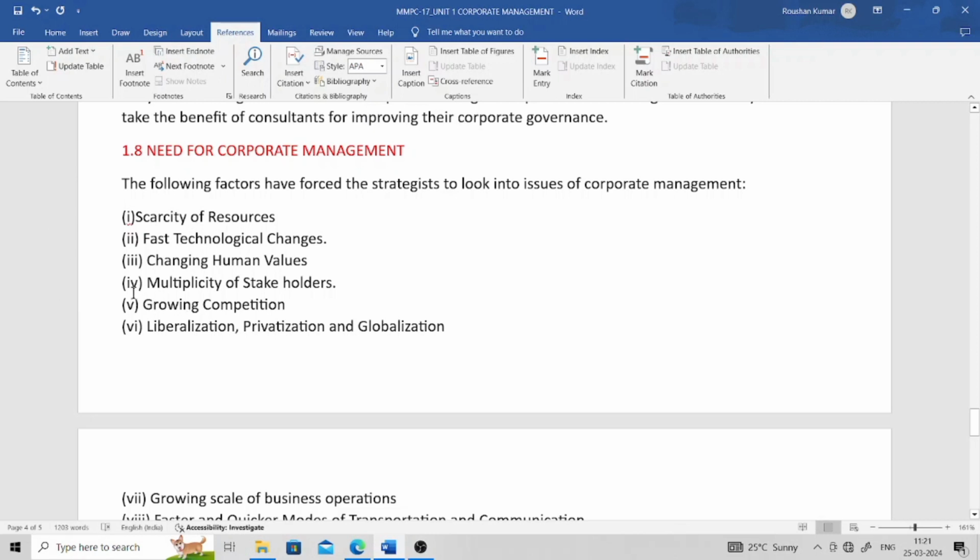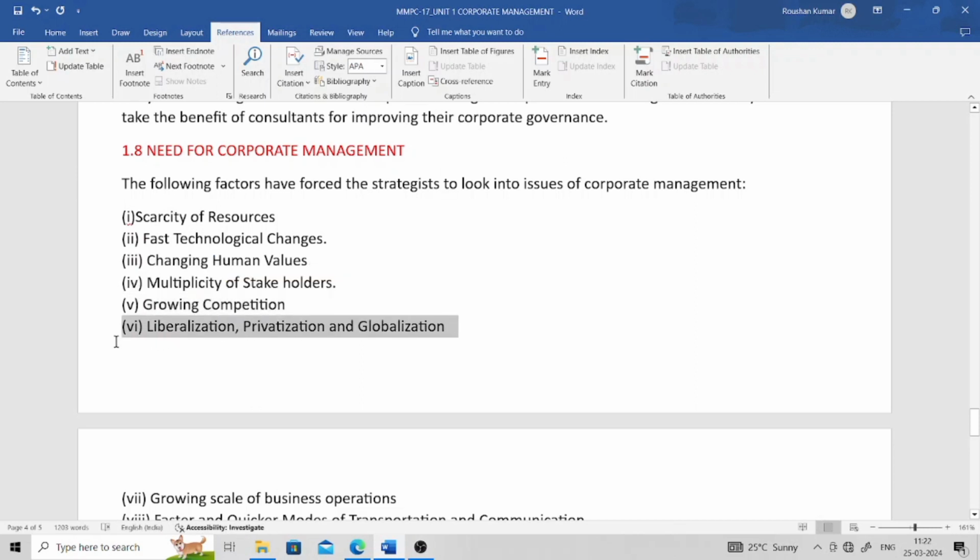Next is the multiplicity of stakeholders. Multiple stakeholders are there, so corporate management is very important. Growing competition, due to globalization, is also a reason. Then liberalization, privatization and globalization.